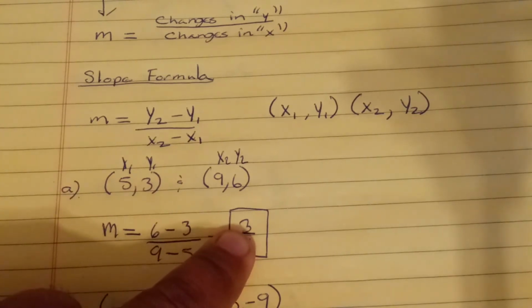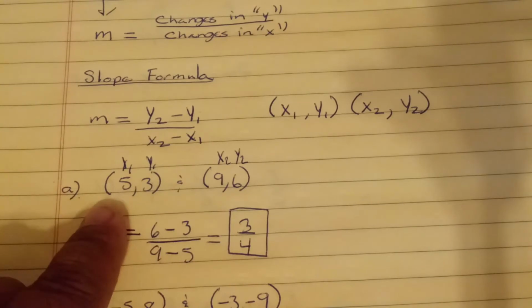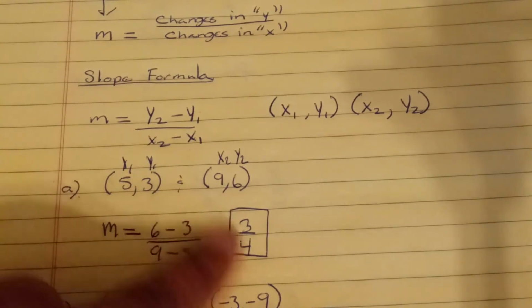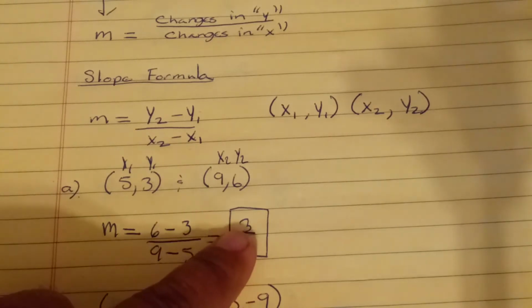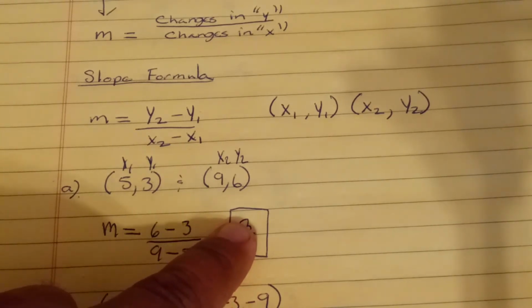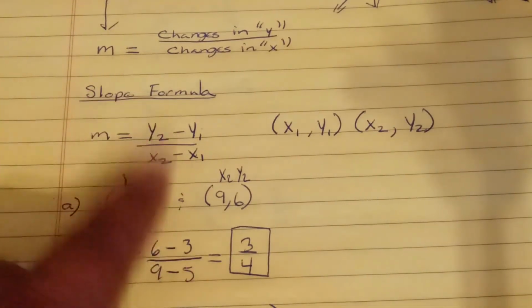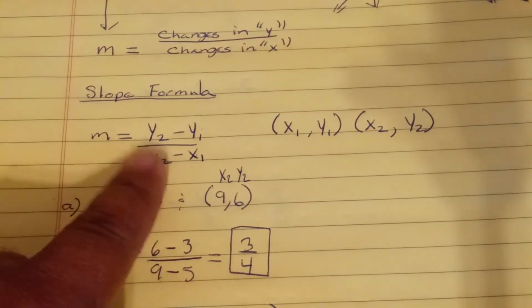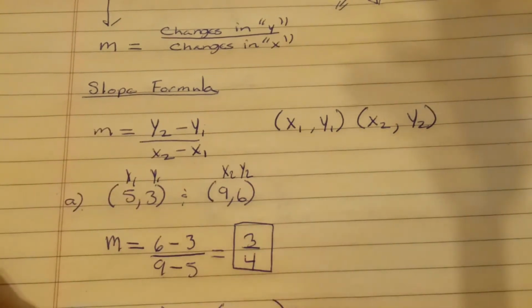That's why it's positive 3. From 5 to 9, it went 4 places to the right. That's why it's positive 4. So once again, the changes of y over x, that's really what you're solving for here. And once again, we're using this slope formula. It's a very important one here. Let's try another one.